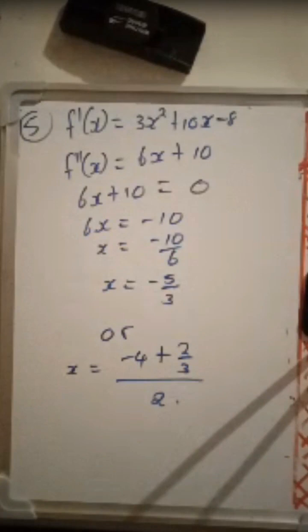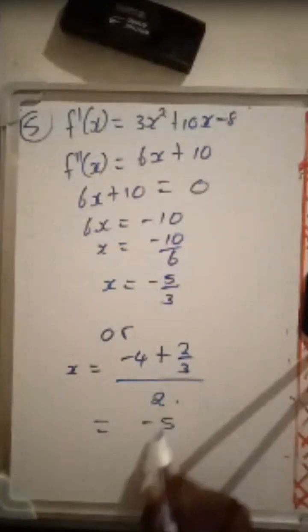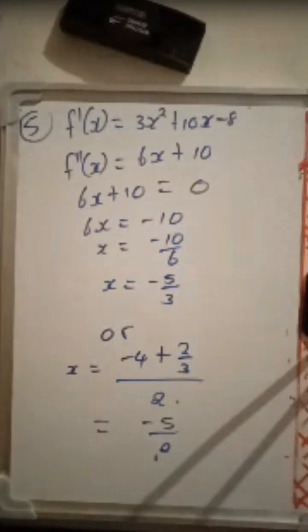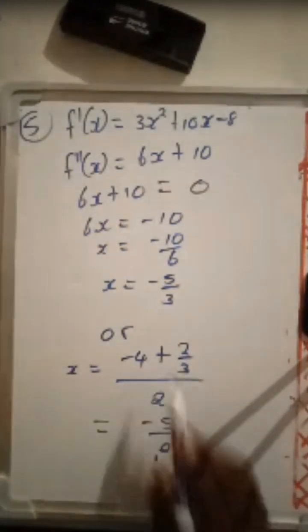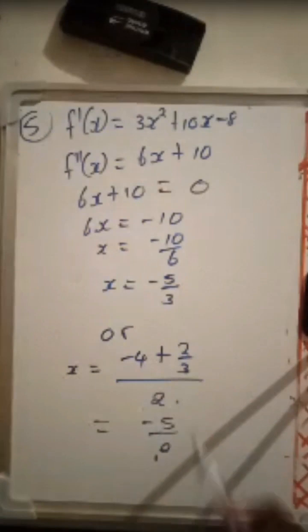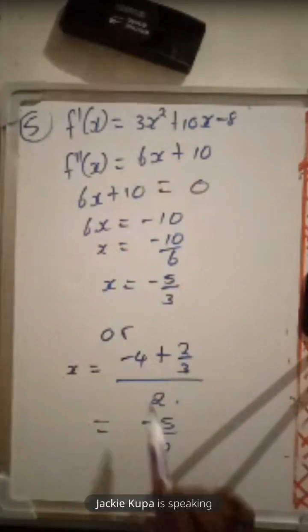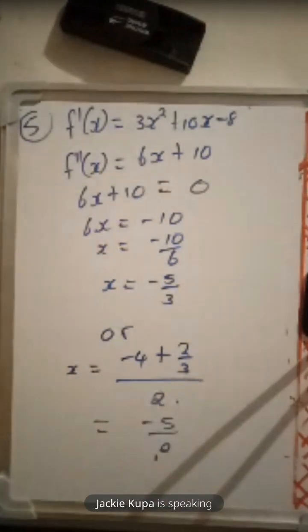Negative 4 plus 2 over 3, the answer divided by 2. You still get negative 5 over 3. We take the x coordinates of the turning points and divide by 2, so it's like the midpoint between them. Sorry, sir, it is negative 5 over 3, not over 2.